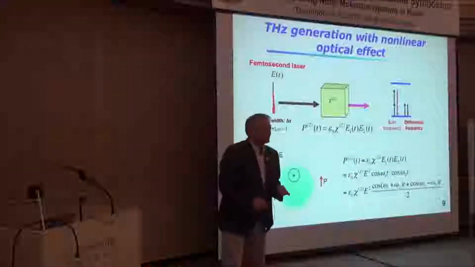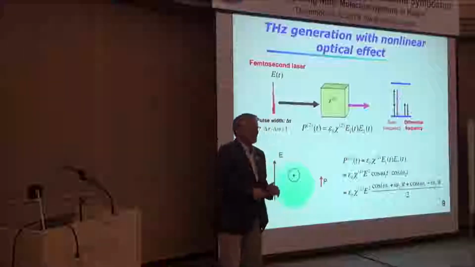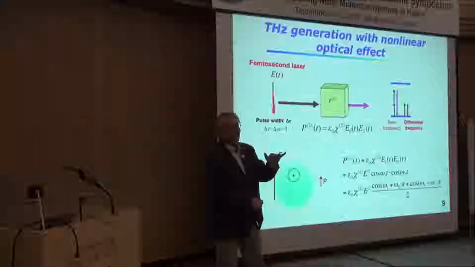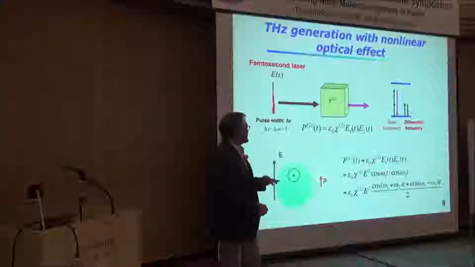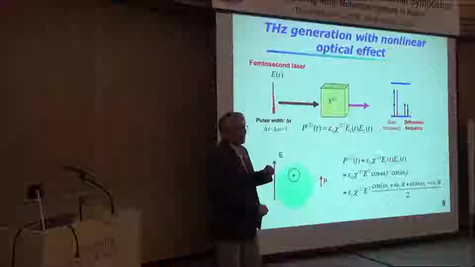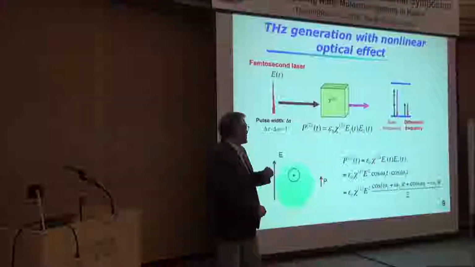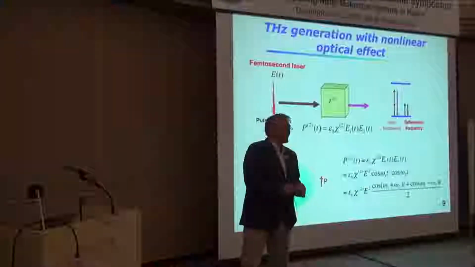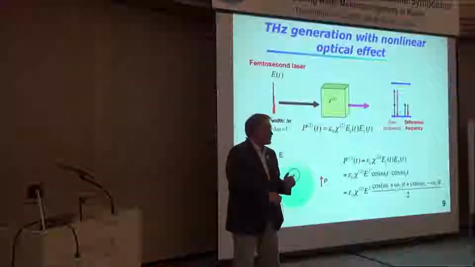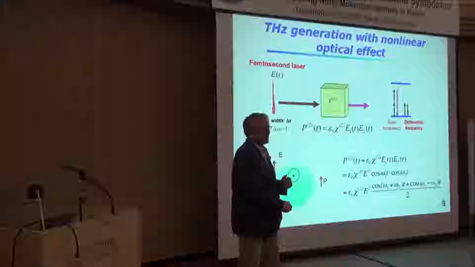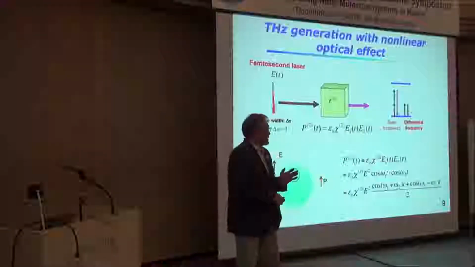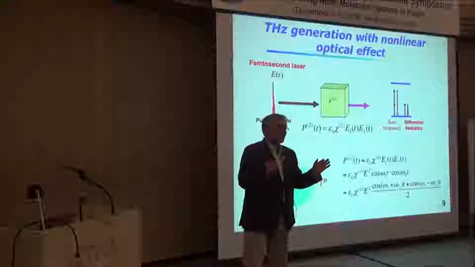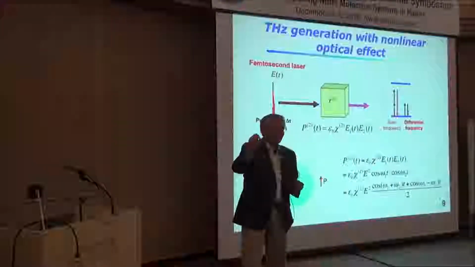If you consider a second-order nonlinear process, we normally know sum frequency generation, or second harmonic generation, with two colors, omega 1 and omega 2, as a summed process. But in the same order, we have a difference frequency mixing process, omega 1 minus omega 2. If you take these two frequencies as the same, this is called rectification, and the frequency goes to 0.